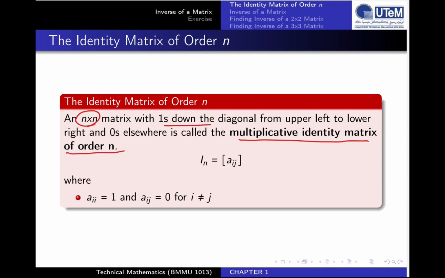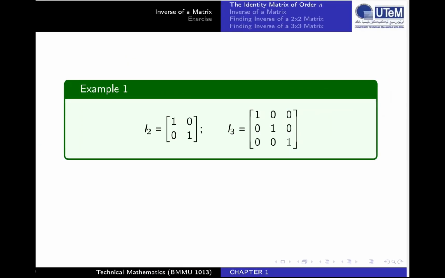This means that all the diagonal values of the matrix are 1, and the rest are 0. That one we call the identity matrix.